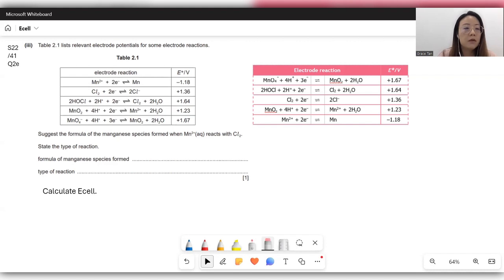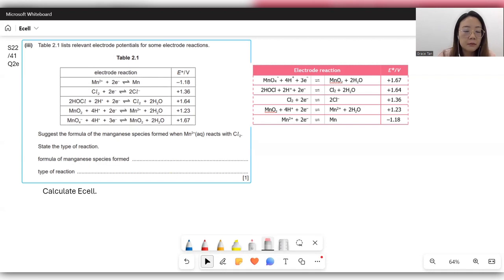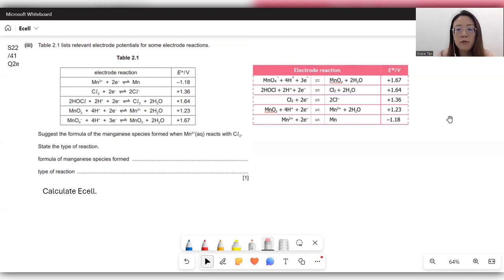First, you can see the question gave us the table that shows the E values, but they gave it in random order. So you can see that there is no ordering from the most positive E value to the most negative E value. It's okay. What I did was I conveniently arranged everything from the most positive. Please look at the pink color table.